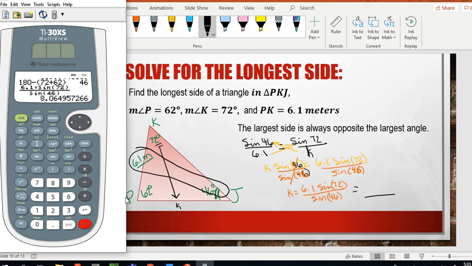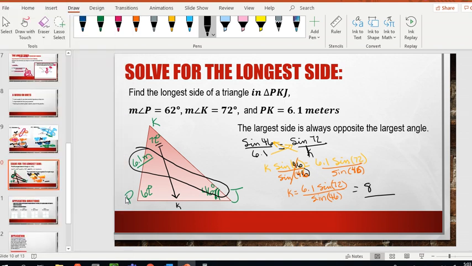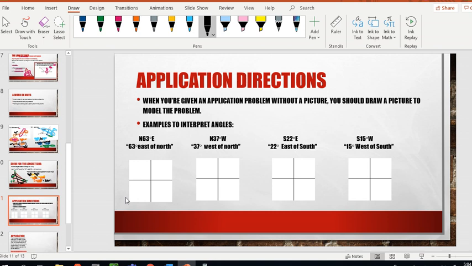All right, enter. 8.06. That was to the first place, so let's just make this 8.1. And it is given in meters, my bad, meters. So I got my units included.